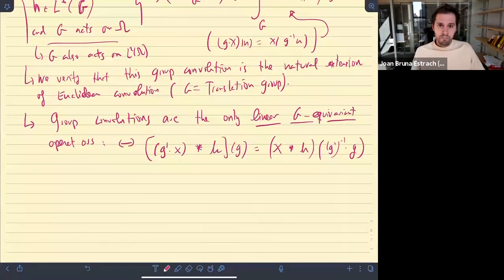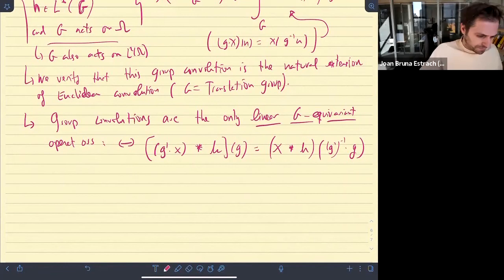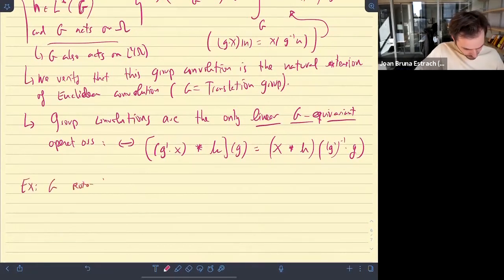Now you can do it over a bigger group and formally apply the same thing. So this is exactly what is done, as an example, for the roto translation, right? So G again being the roto translation.